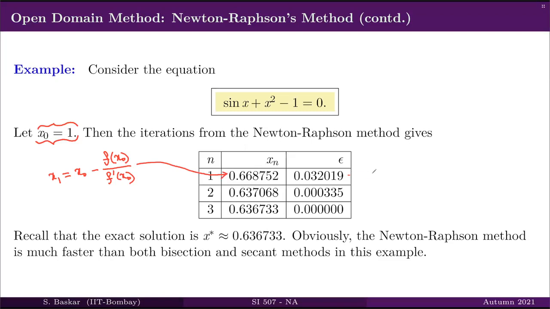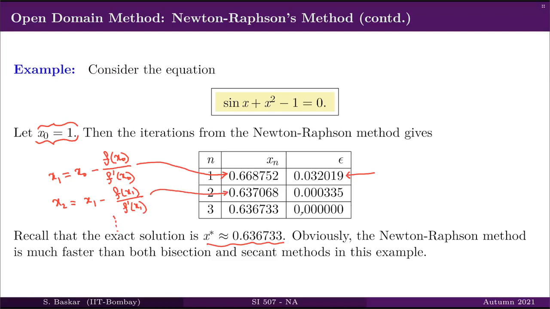The error involved in x1 when compared to the exact root is given by 0.03. Then when you go to find x2, you have to use the formula x1 minus f of x1 divided by f dash of x1, and that gives this value, and you can go on like this.